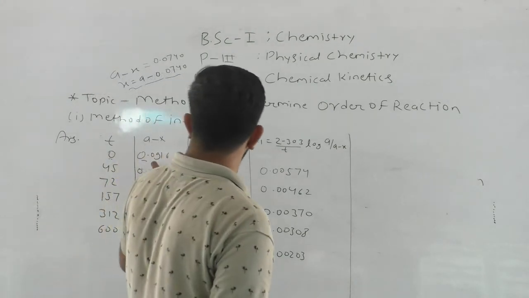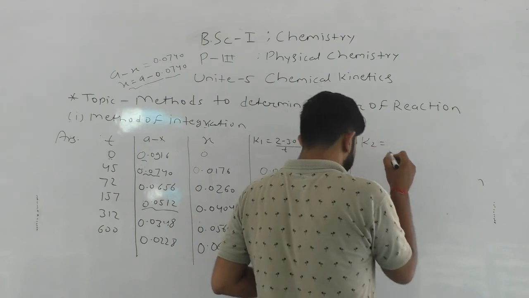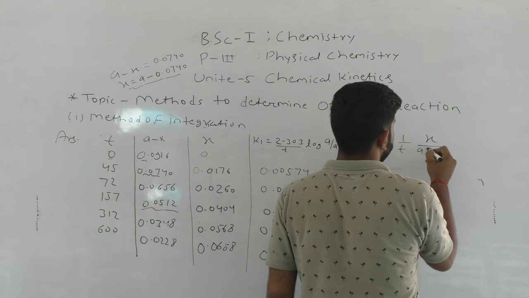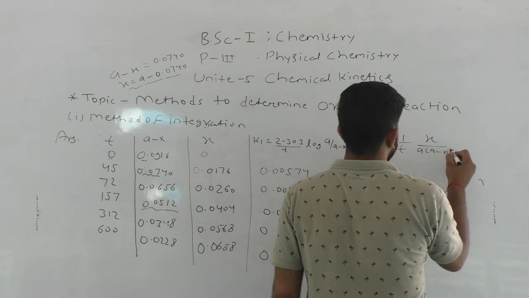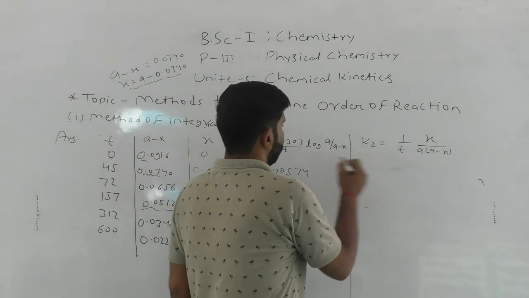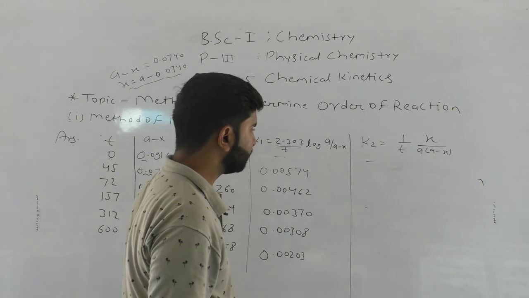Now we put these data into the second order integrated rate law. Again for time equal to 0, the value of K is not present.